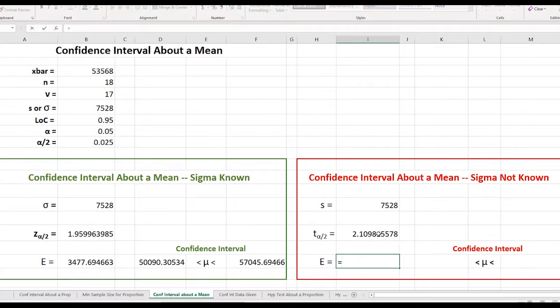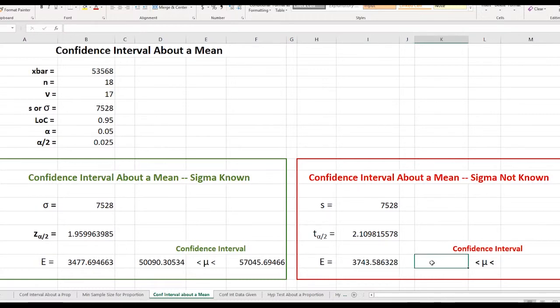Equals T sub alpha over 2 times S divided by square root SQRT open parenthesis of N, close parenthesis, press enter, and there we have that 3,743.58-ish number.